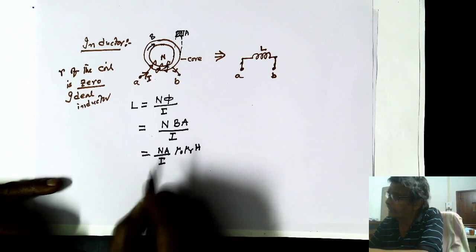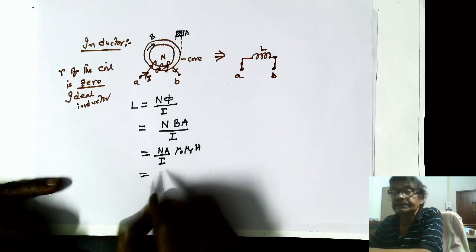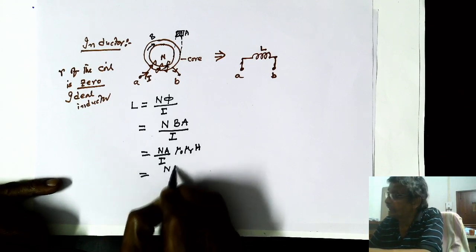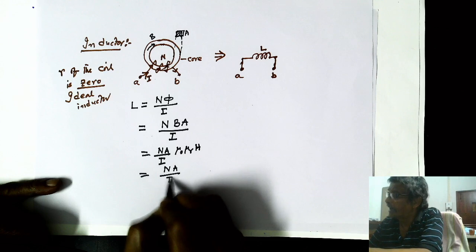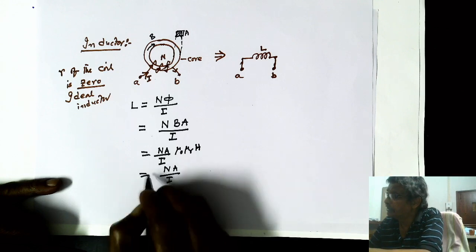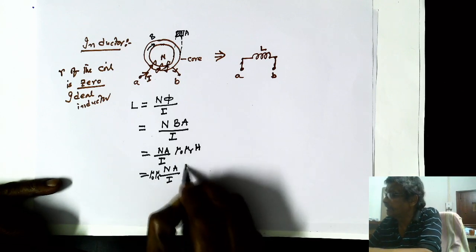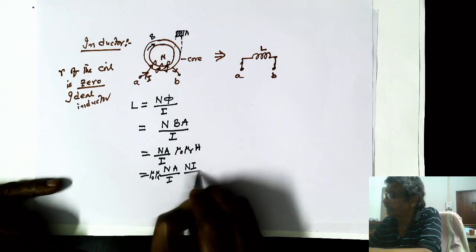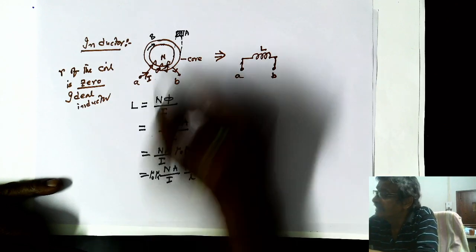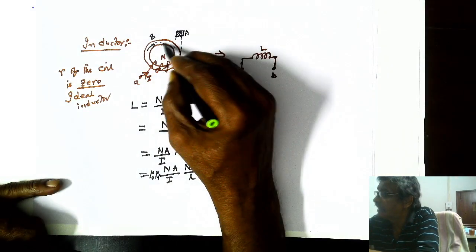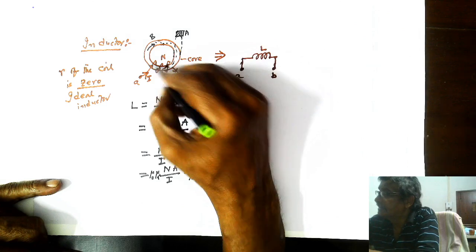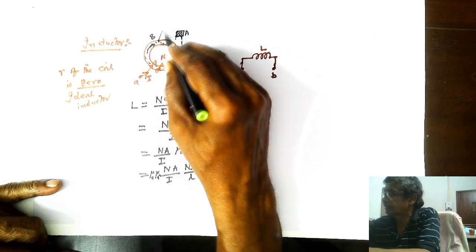And then what you do is this N A by I, and this mu 0 mu r you bring forward, and H is Ni by L. That you also know. What is L? L is the length of the mean flux path. This is L of the core flux path.